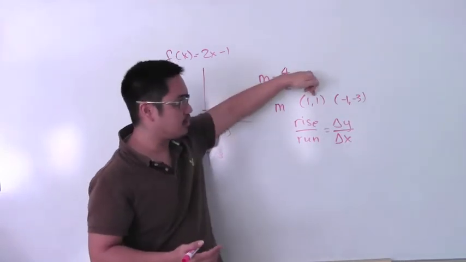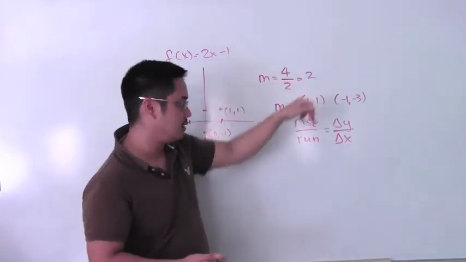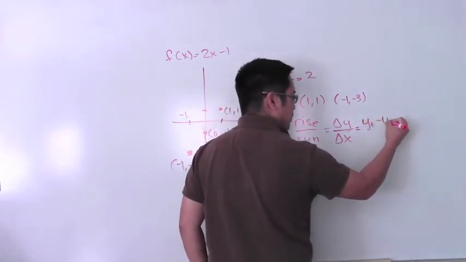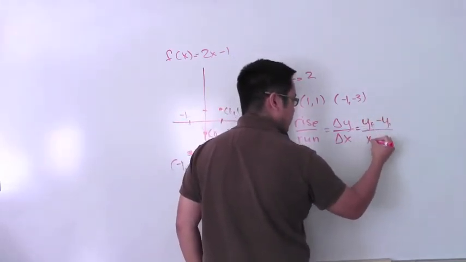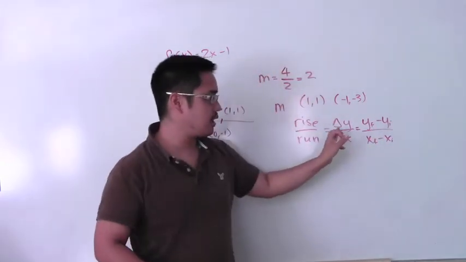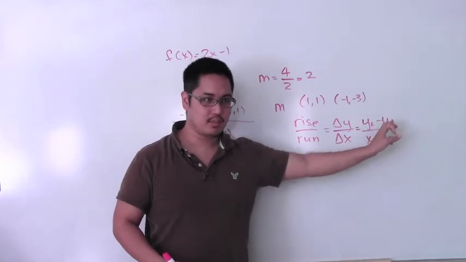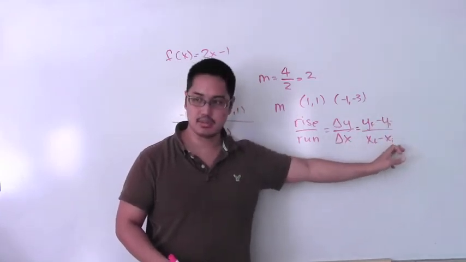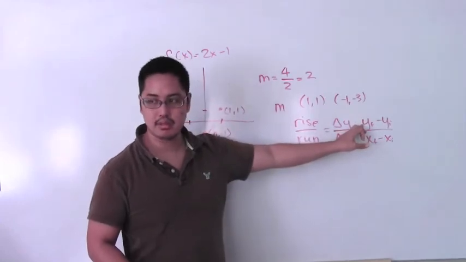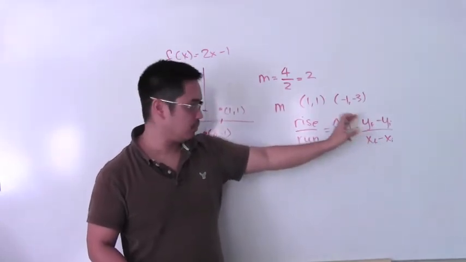So the final value is 1, right? You can think of these deltas as y final minus y initial, x final minus x initial. What is the y final? 1.